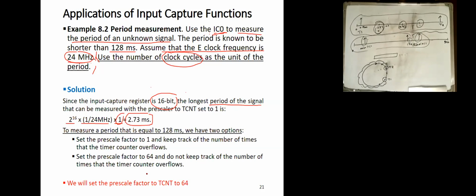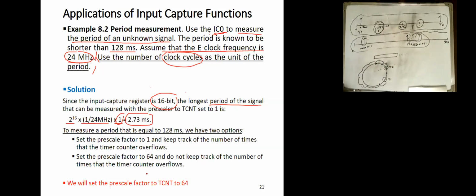So there are two choices. Either we choose a prescaler such that only one overflow may occur in our calculations, or basically we take any value for the prescaler, for example, leave it at 1, and just use a counter in our program to count how many times the counter overflows. And the period basically will be T2 minus T1 plus how many times the counter overflowed multiplied by the overflow time.